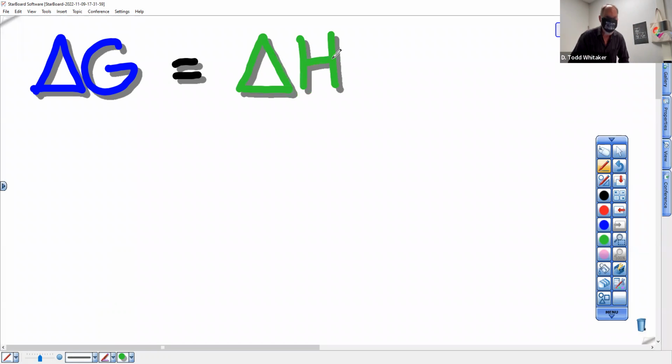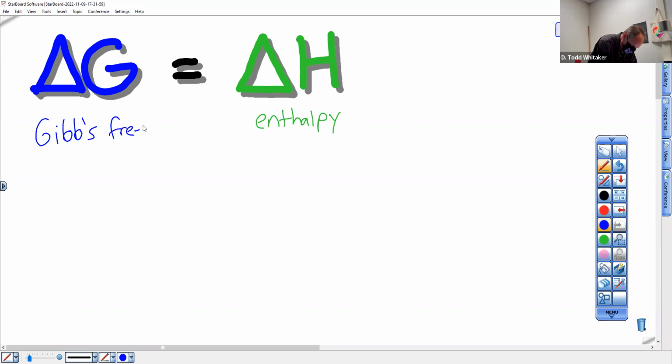Change in enthalpy. So in green, we're going to say enthalpy. In blue, we're going to say Gibbs free energy. Gibbs free energy.